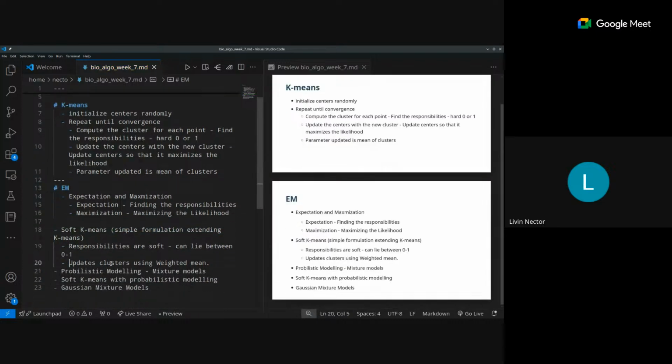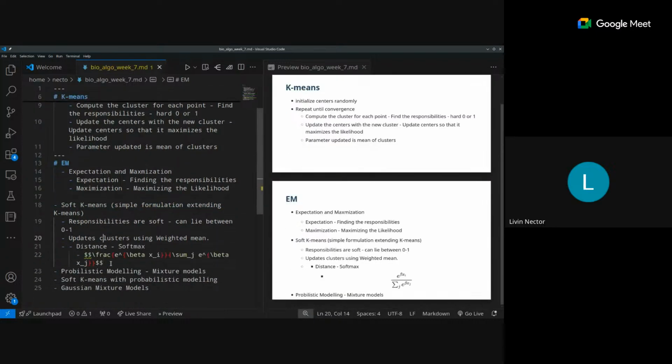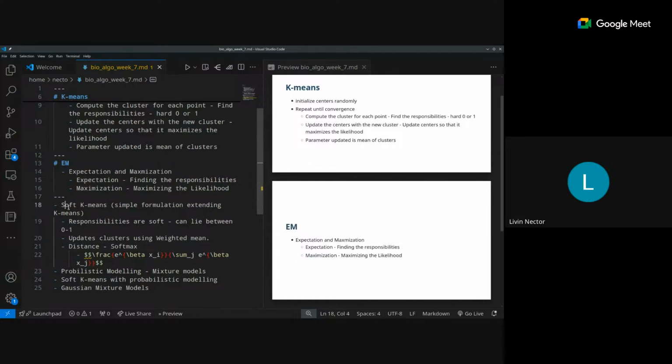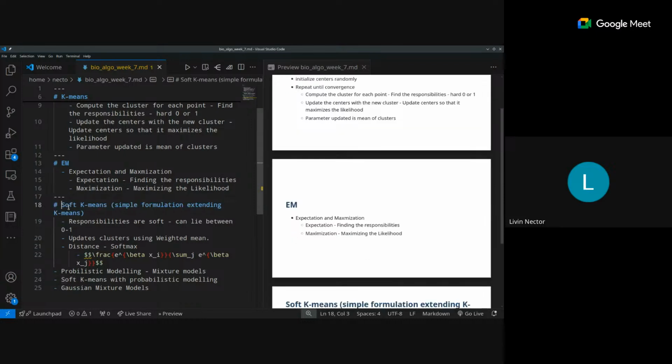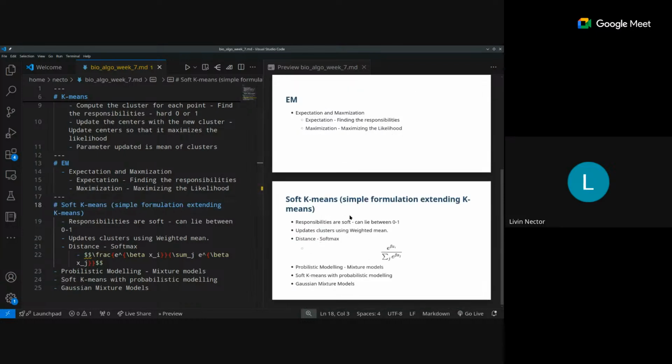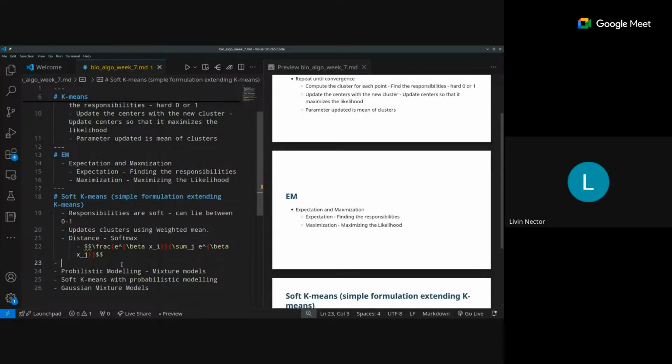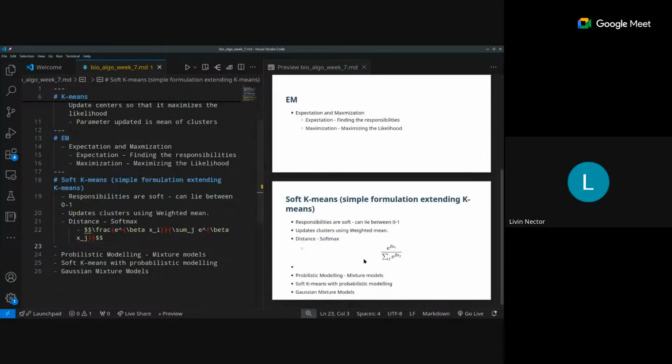And this is kind of an empirical change from the hard responsibility.